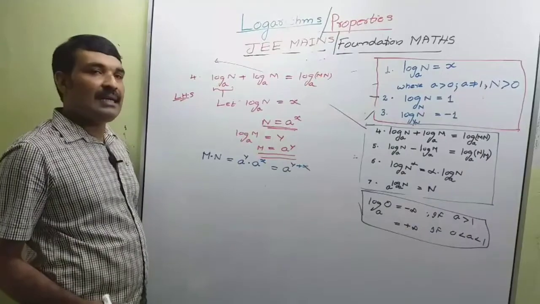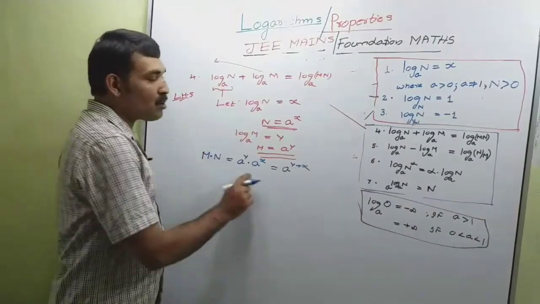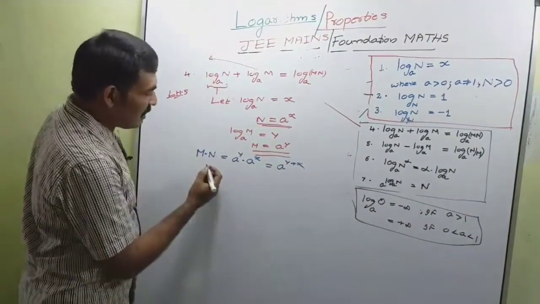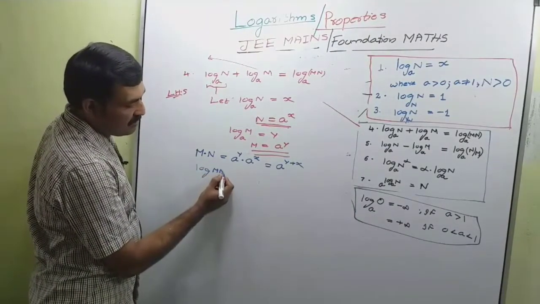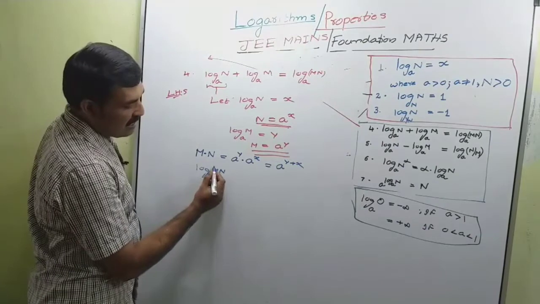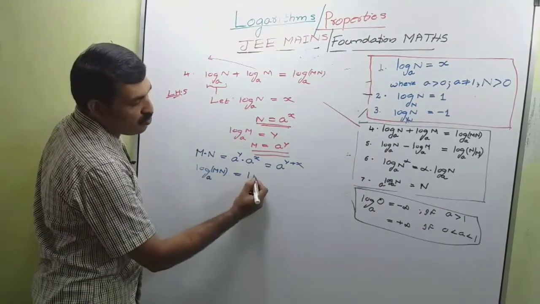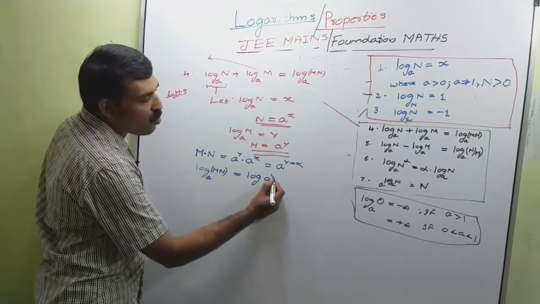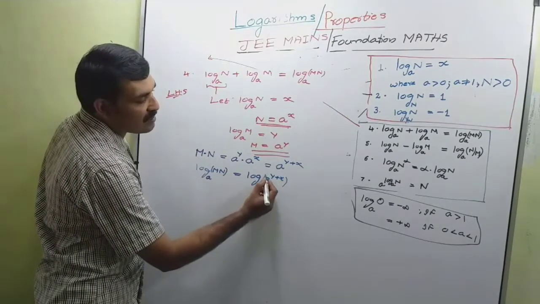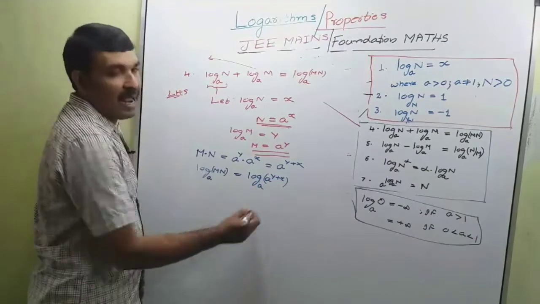Now taking logarithm on both sides of this equation, that is log mn to the base a is equal to log a raised to y plus x to the base a.